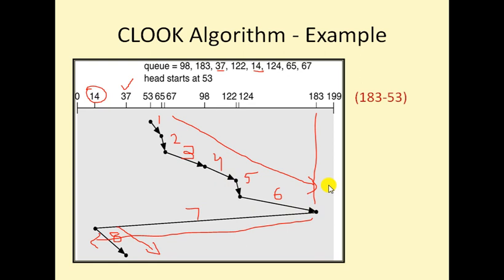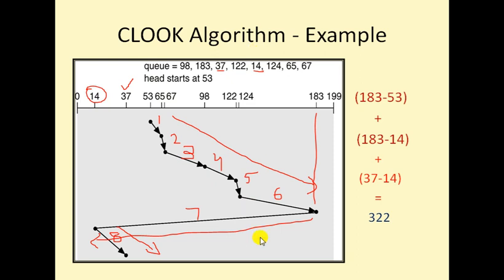So 183 minus 53, plus 183 minus 14, plus 37 minus 14. Now we get 322. So the head moves a total of 322 tracks by using the CLOOK algorithm.